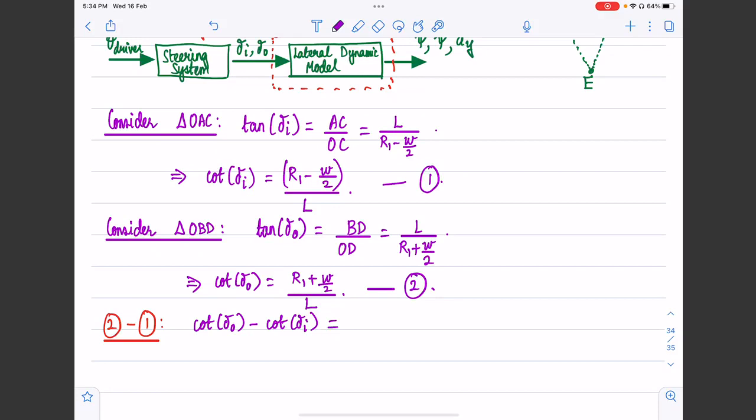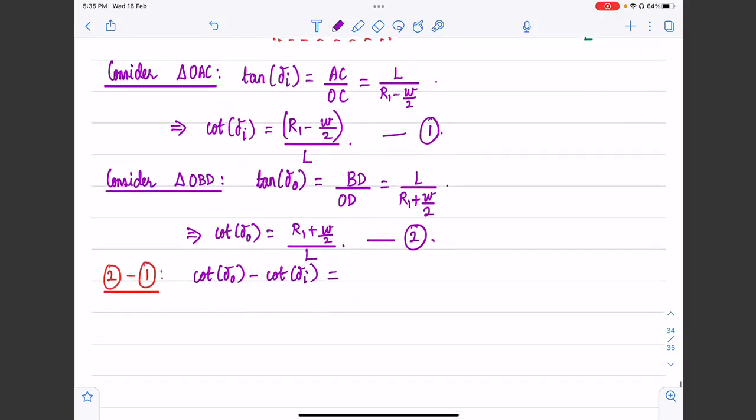That's going to be equal to R1 plus W by 2 divided by L, minus R1 minus W by 2 divided by L. So if we simplify this, what are we going to get?